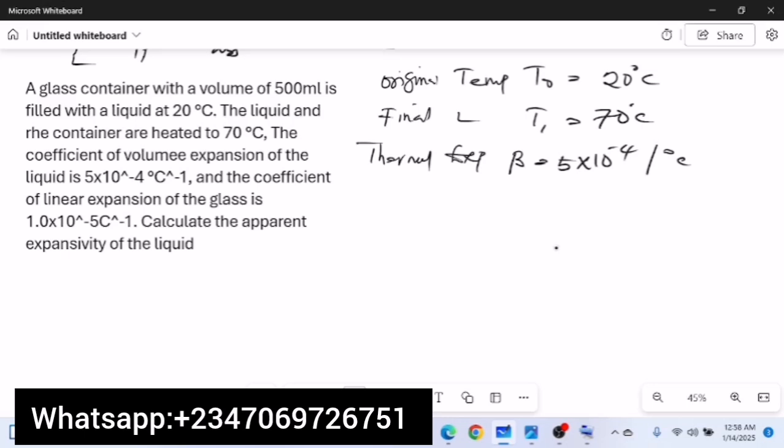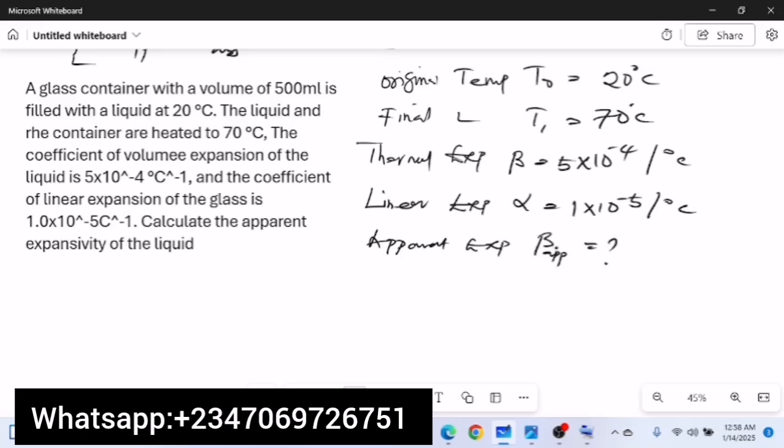We are also given the linear expansion of the container, alpha, as 1 by 10 to the power of -5 per degree Celsius. So we are asked to find the apparent expansion, which is unknown.